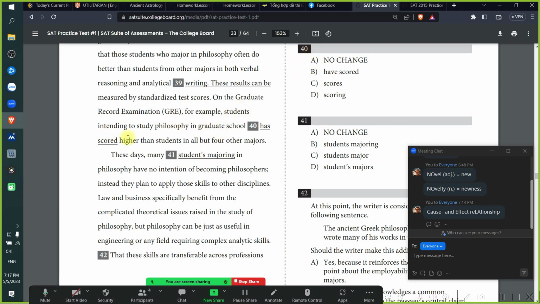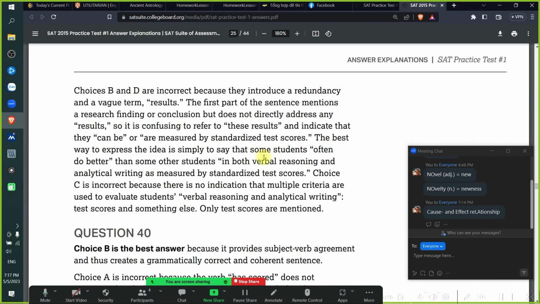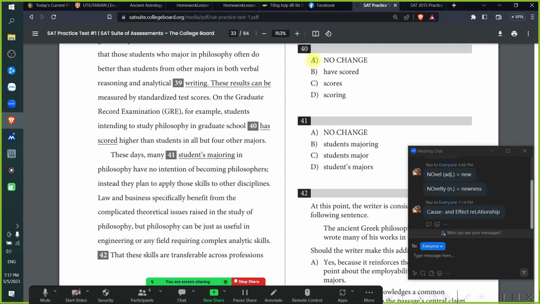For example, students intending to study philosophy in graduate school have scored, right? Yes. 40, it's B. Why have scored? Because it's plural. Nó số nhiều cơ mà. So, students intend to study philosophy in the graduate schools. The main noun is students with S here. Plural. So 40 is have scored.